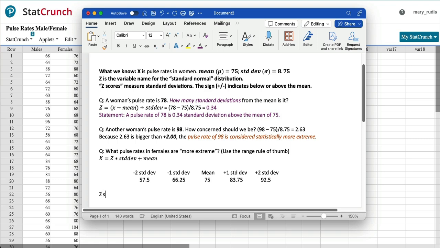Suppose I have a z-score of negative 1.57. Negative 1.57. What is the pulse rate for that? So now I know what the z-score is, but I want to know what that pulse rate actually was. So let's pull that calculator back over here. We're going to take our z-score, multiply by the standard deviation, and add the mean. That's our formula for x, okay?